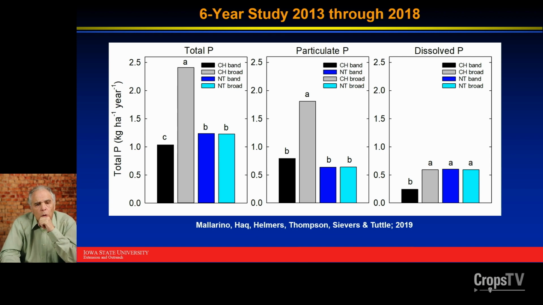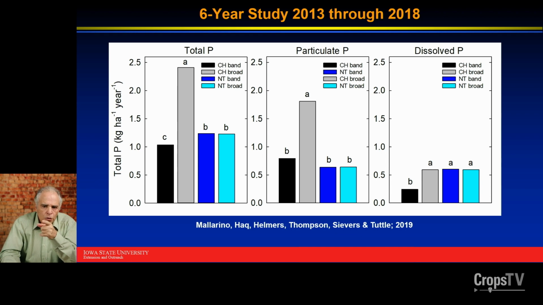So we see essentially one major difference in the total P and in the particulate P. The highest losses are with chisel and broadcast. Now, we applied this in the fall, remember? And there was essentially not much difference between the other systems.